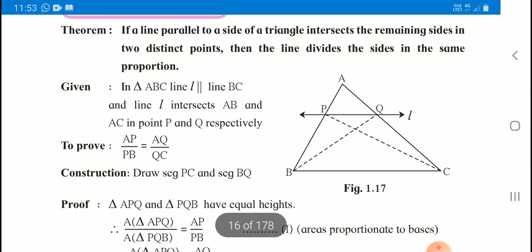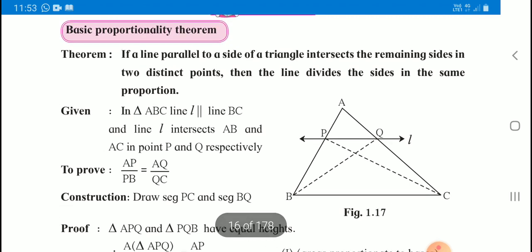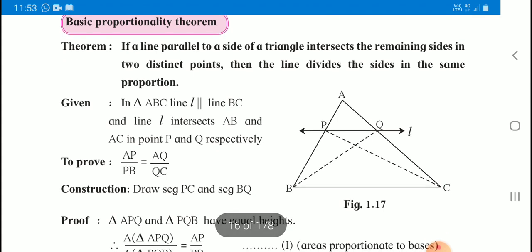In triangle ABC, line L is parallel to line BC and line L intersects AB and AC in points P and Q respectively. It means, if a line parallel to a side of a triangle intersects the remaining sides in two distinct points, this is the given thing.